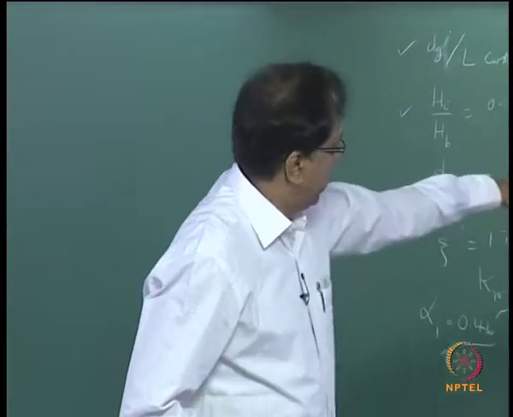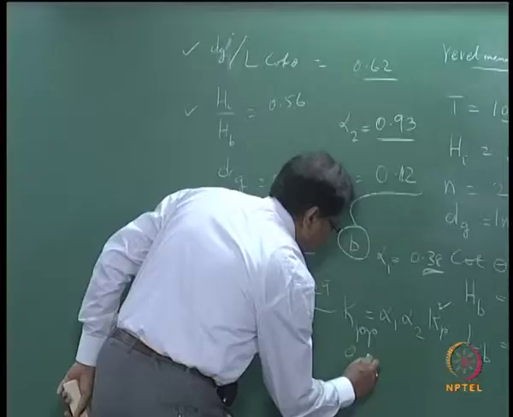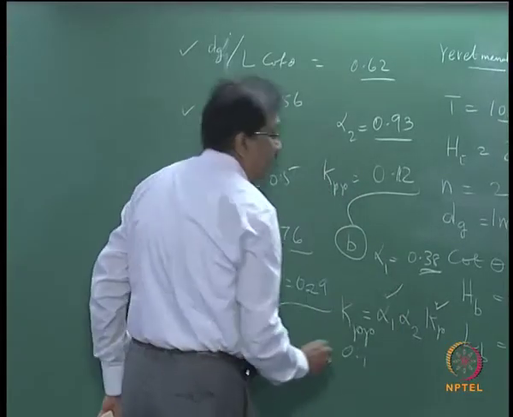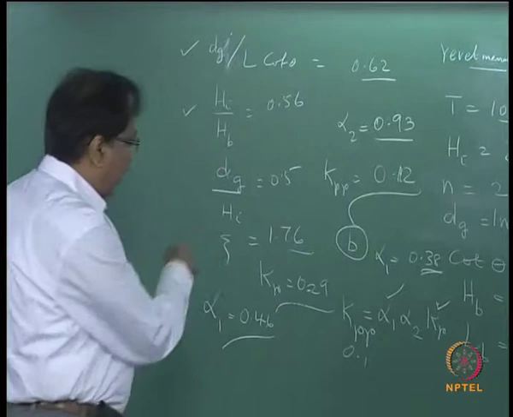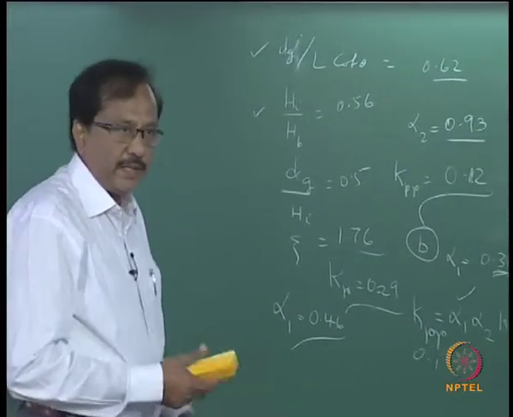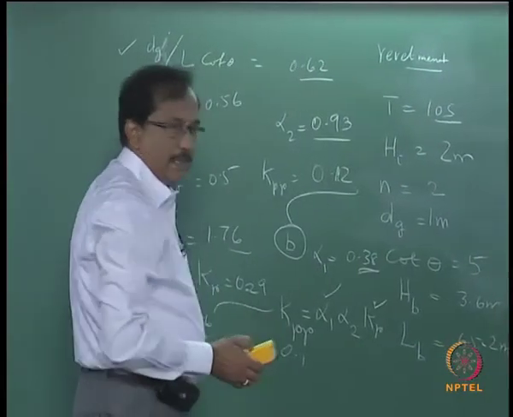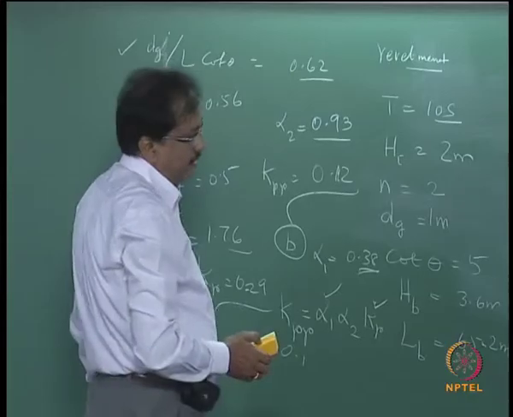Yes, it is given, KR is given as 0.1. So use this equal to 0.1 and this is known, and you need to calculate what? You need to calculate alpha 2, and in this case alpha 2 will be 0.907.